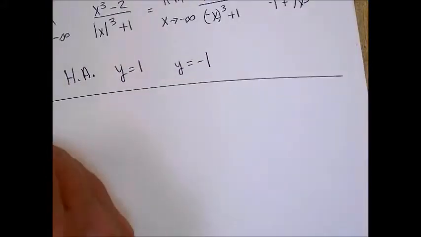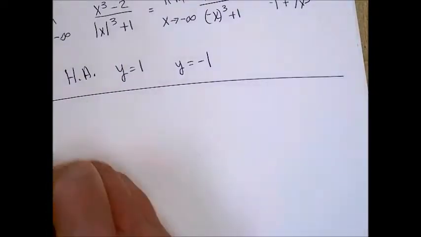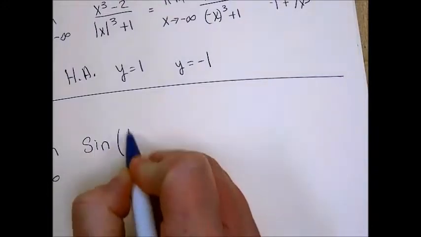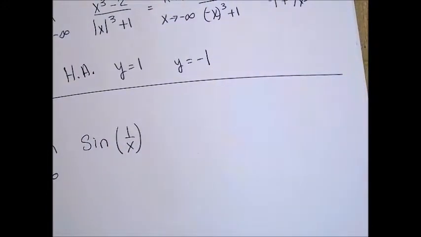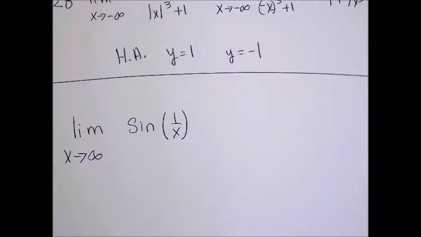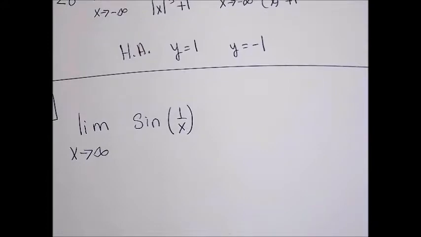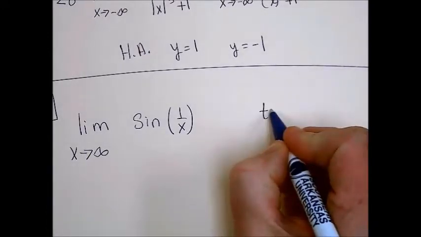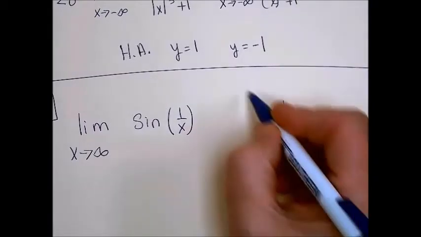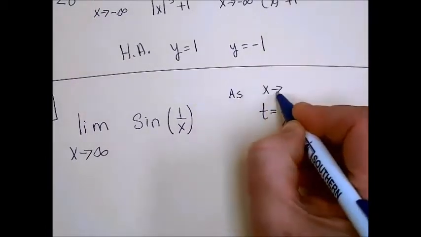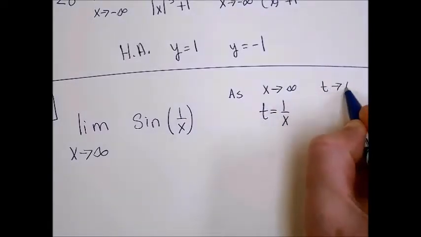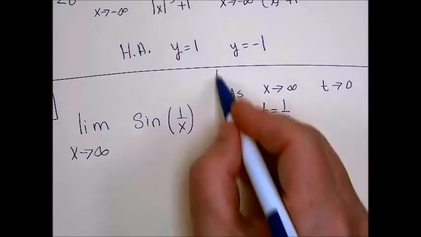Okay, example 5. We want to find the limit as x approaches infinity of the sine of 1 over x. We're going to introduce a new variable here, the variable t, which is equal to 1 over x. Now, as x approaches infinity, t approaches 0 because t is equal to 1 over x.